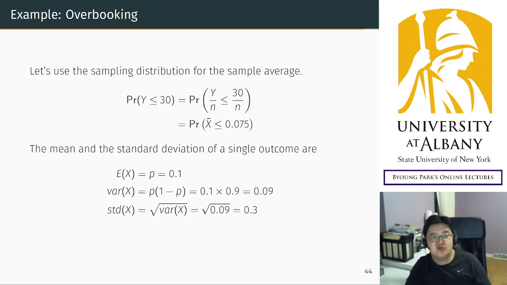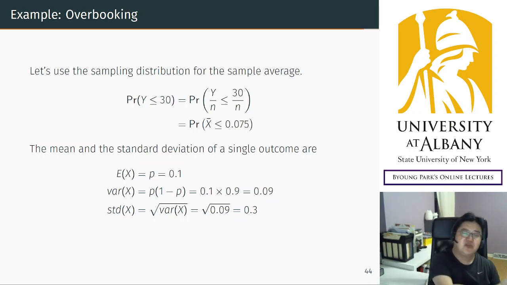Now we are going to use the central limit theorem by converting the variable y into the average. So y is the number of cancellations, and I am going to divide it by n. Out of 400 reservations, y number of reservations are canceled, which is the average.